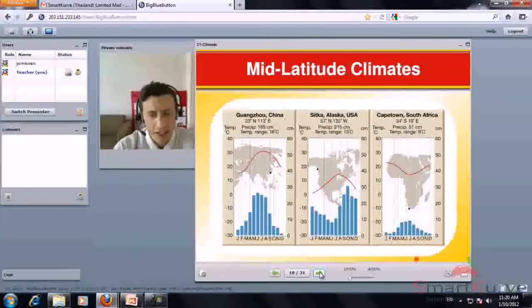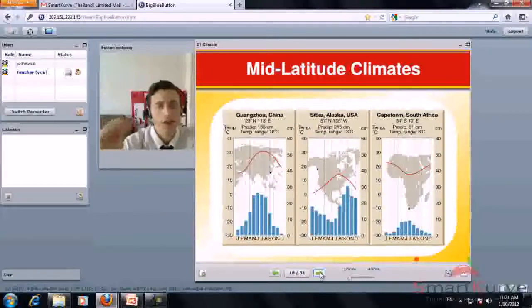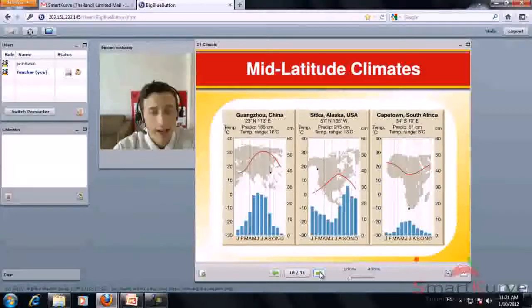The first city, Guangzhou, China, 23 degrees north latitude, so it's right on the edge of a tropical and temperate zone. And it's also right on the coast. And notice it's on the eastern side of the Asian continent. So a couple of things to keep in mind. We're right on the edge of tropical and temperate zones, and we're on the east side of the Asian continent.